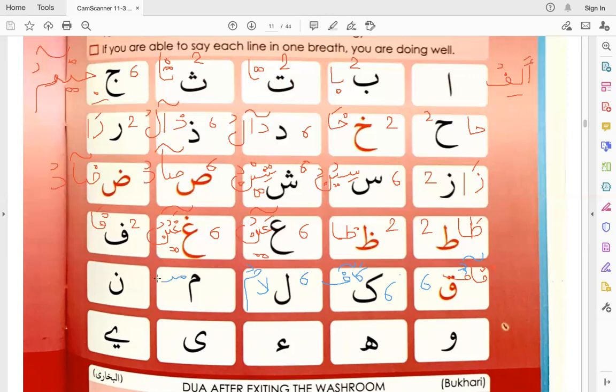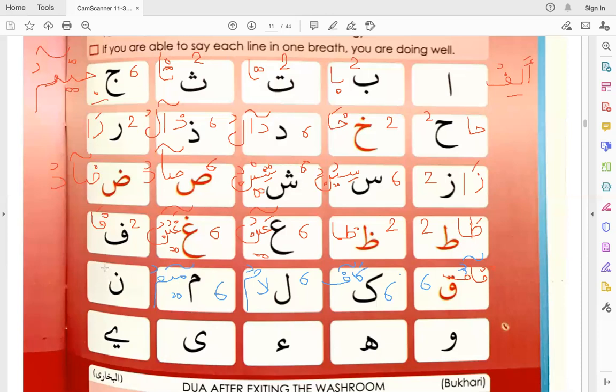Whenever this combination comes, you can stretch it for two, four, or six, but we are stretching it six haraka long, because most of the scholars agreed to stretch the names of the letters for six haraka.